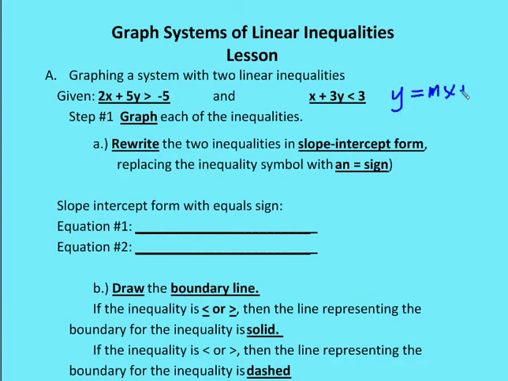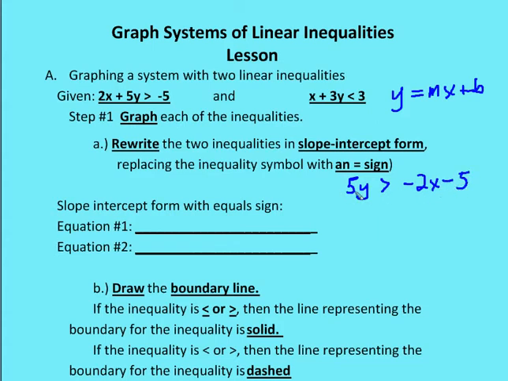So what we're going to do is rewrite these two equations in slope-intercept form. So in the first equation, I need to subtract 2x from both sides and then divide by 5. So step one is 5y is greater than negative 2x minus 5.